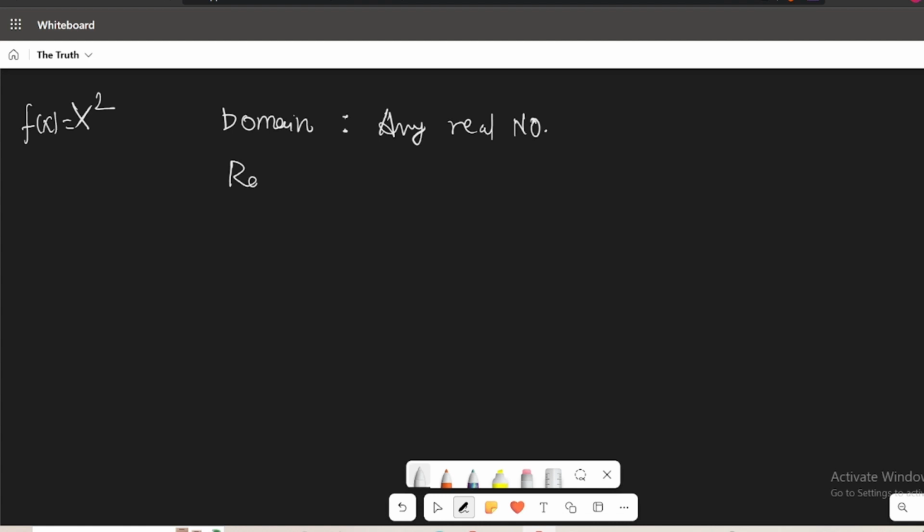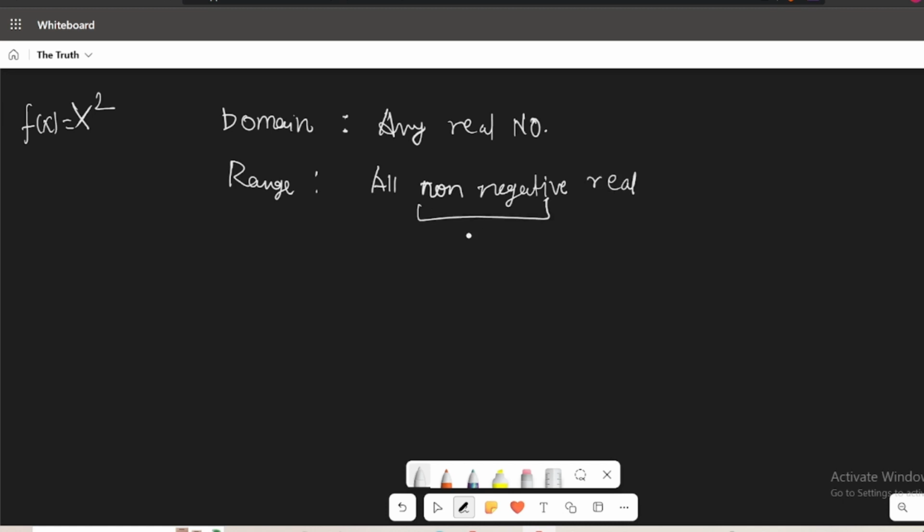And what will be its range? Range will be all positive, and basically all non-negative. Basically all non-negative reals.